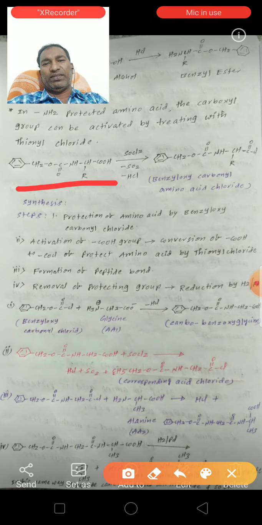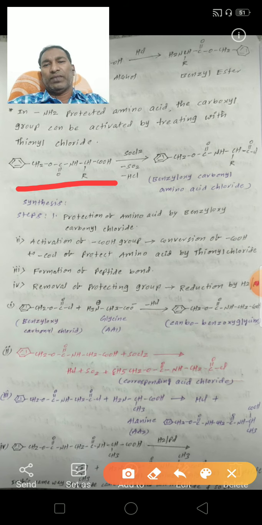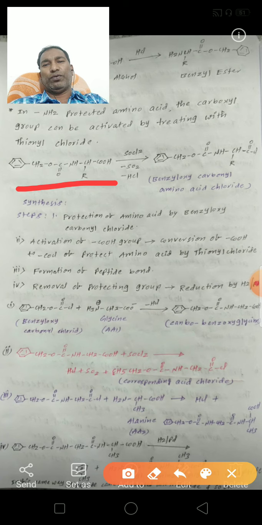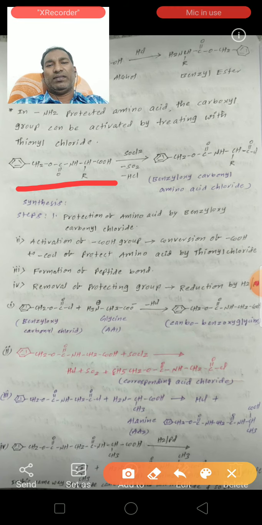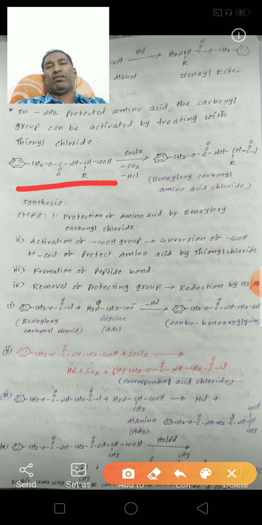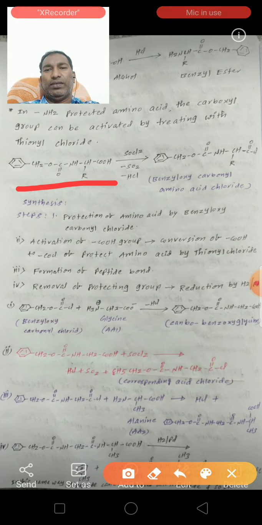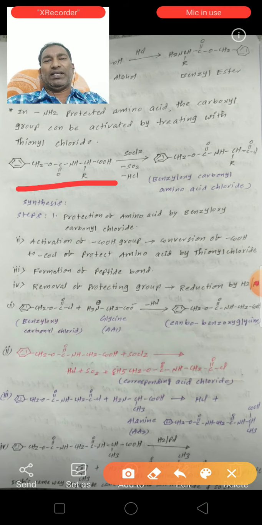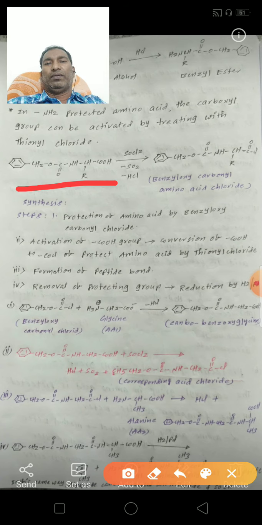This reacts with thionyl chloride, SOCl2, and forms an acid chloride. By loss of SO2 and HCl, this forms benzene CH2OCO NHCHR COCl. This is the benzyloxycarbonyl amino acid chloride. So this amine-protected amino acid is activated by treating with thionyl chloride.